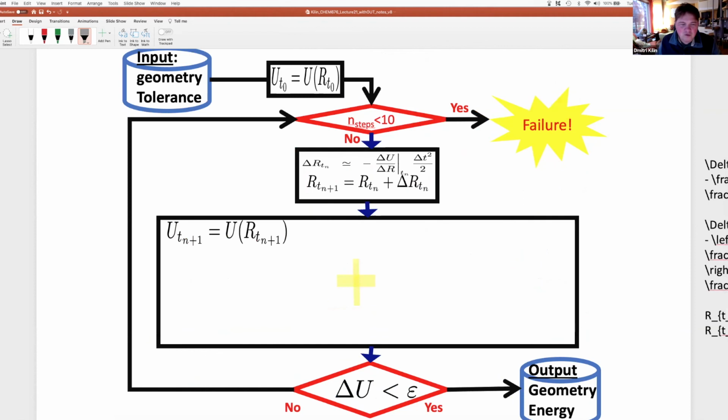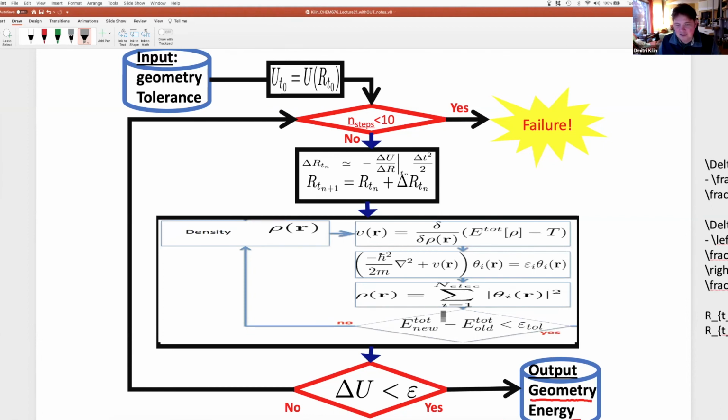Now we know that we need a procedure to find the total energy, and I can copy-paste the procedure that we have collectively set up inside this box. So from now on, you have a complete plan, a flowchart of the VASP code or Gaussian code, for how to do both electronic structure, geometry optimization, and molecular dynamics.